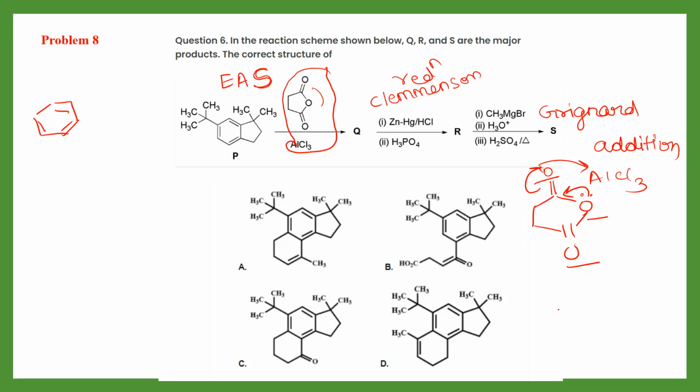Right? We can write it like this, right? If I'm wrong anywhere, you can interrupt me in between. O, AlCl3. Now, since aluminum is having four bonds, a negative charge will come. Am I correct here or not?